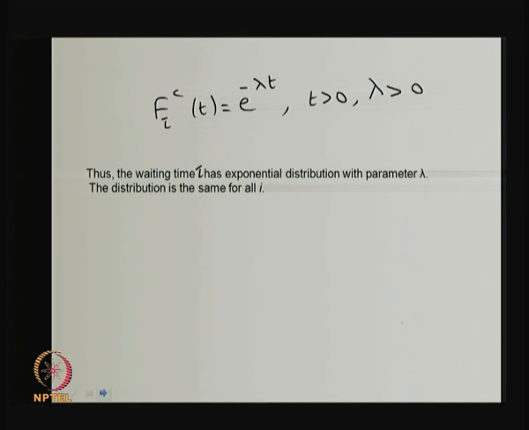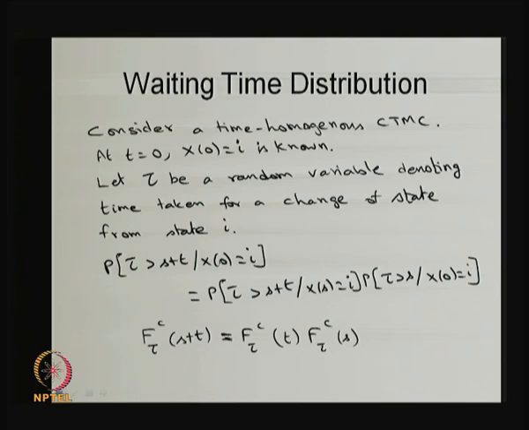Even we can specify lambda suffix i, that means it is a function that depends on i. That means the random variable spent in some state is always exponentially distributed with some parameter lambda, and that parameter lambda may depend on the state i.